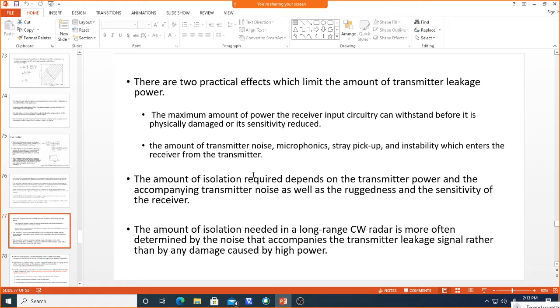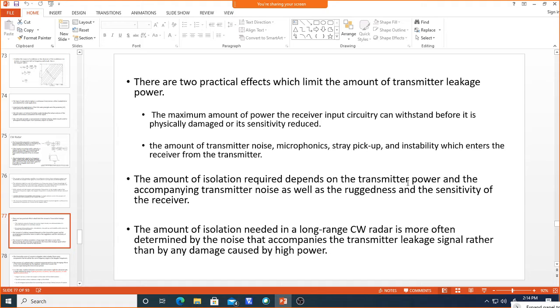Okay, the amount of isolation required between transmitter and receiver is very significant, in terms of 50 dB to 60 dB, in order to properly amplify the received echo signal. This isolation depends on the transmitter power.